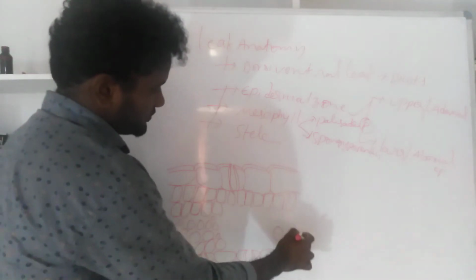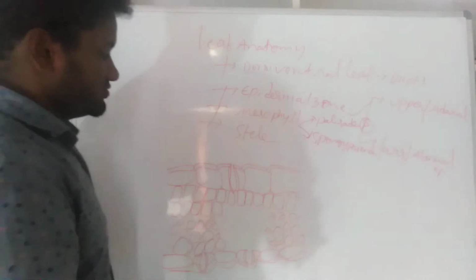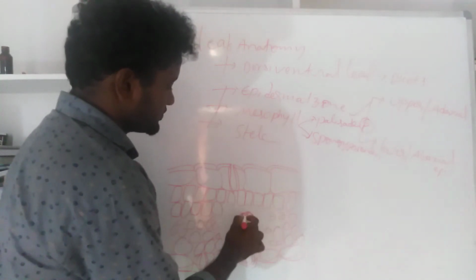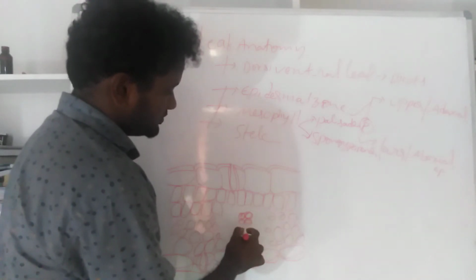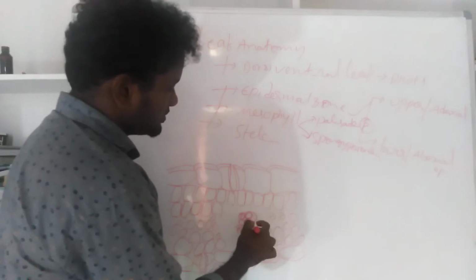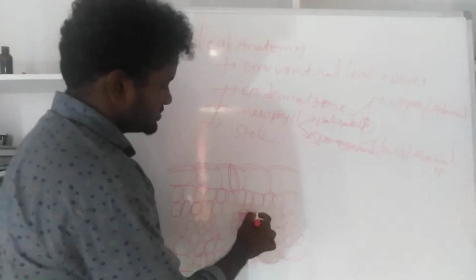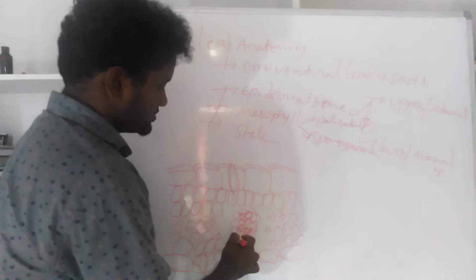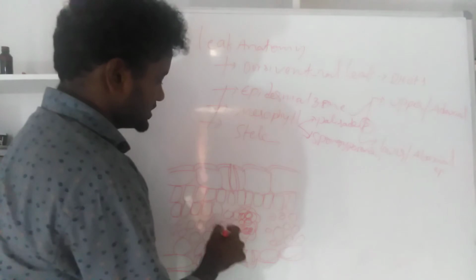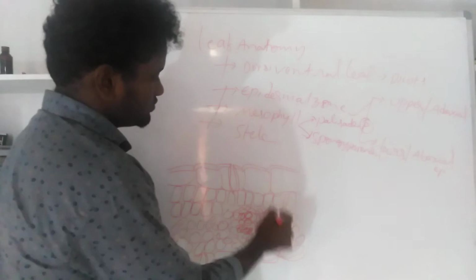Within the mesophyll zone the vascular bundles are present, that is xylem and phloem, surrounded by bundle sheath cells made of parenchymatous cells. So these are the three distinct zones: the epidermal zone, and the mesophyll zone differentiated into two kinds of cells.